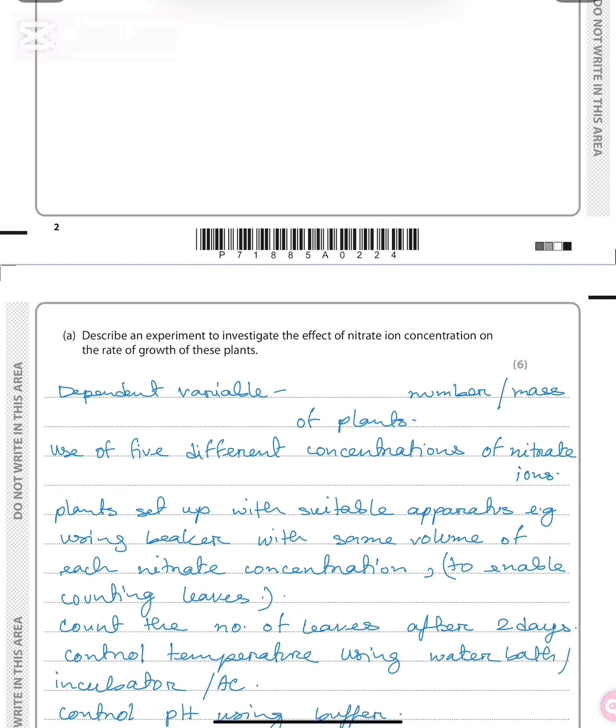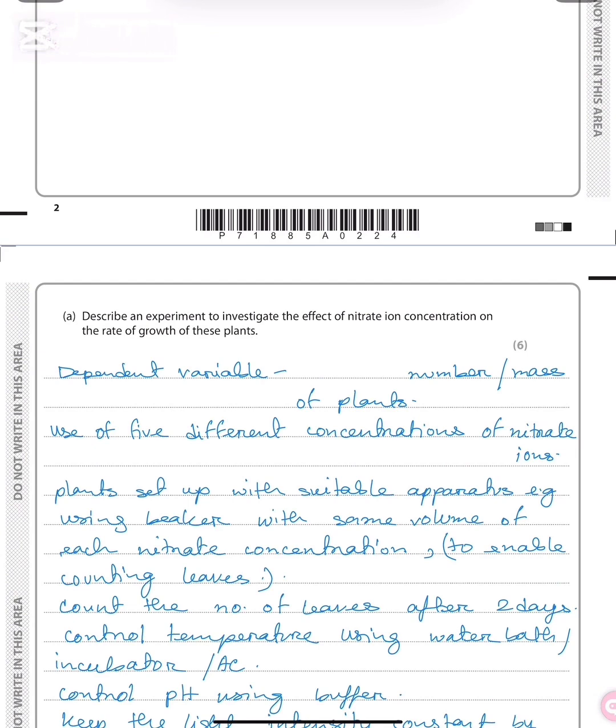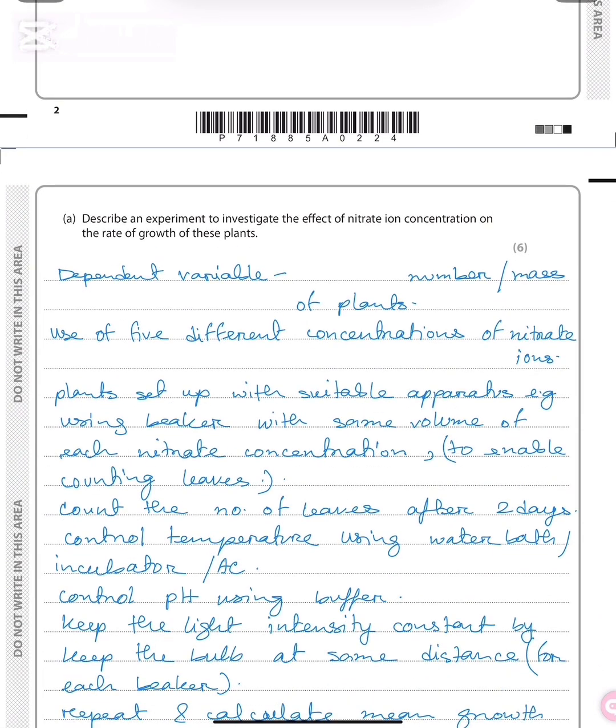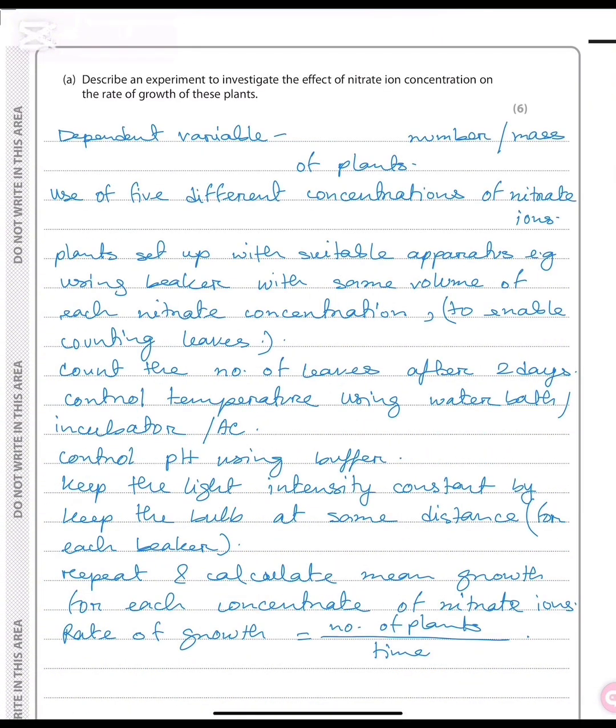We will use 5 different concentrations of nitrate ions, and the plants will be set up with suitable apparatus, for example using a beaker, because there will be enough space to count the number of plants separately, and we can use the same volume of each nitrate ion concentration.